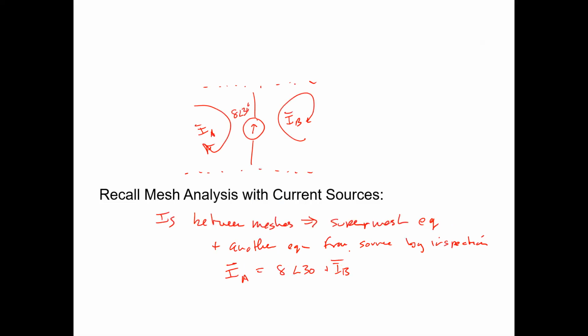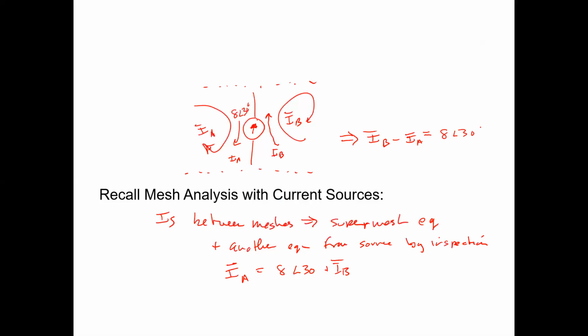Yeah, this is not the way I normally do it, Alex. What I normally do is I say, well, this arrow is going up, right? And this arrow has to represent the net current flow with IB going along in its direction and IA going against it. So I say IB minus IA has to equal a net of 8 angle 30.